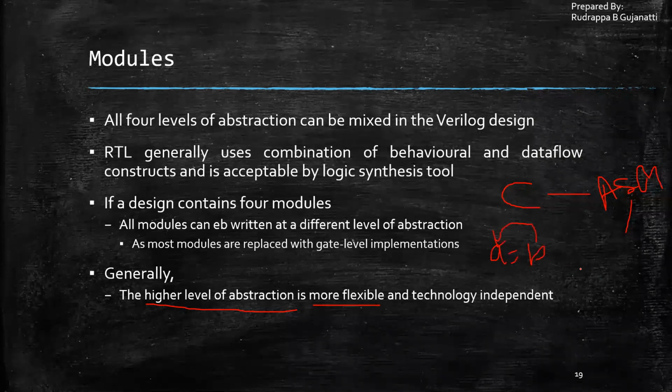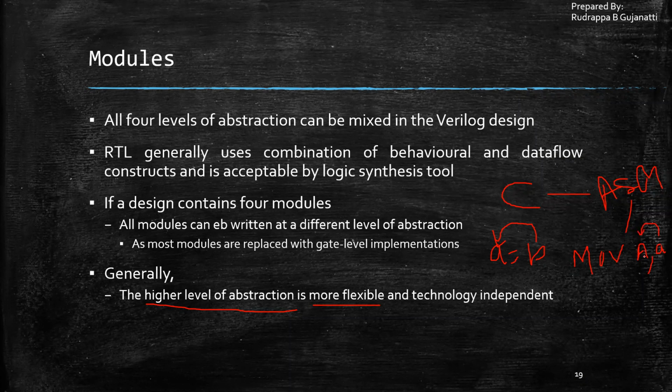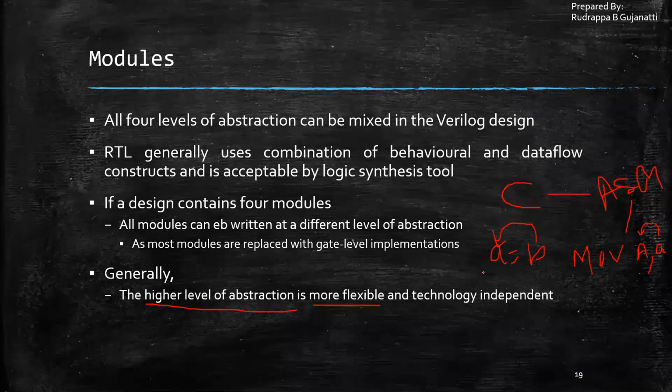But in assembly language, how do we write it? We write it as move. Say I store some information, first in the accumulator, so this variable's information is stored in the accumulator. Next, I store this information in one of the registers.